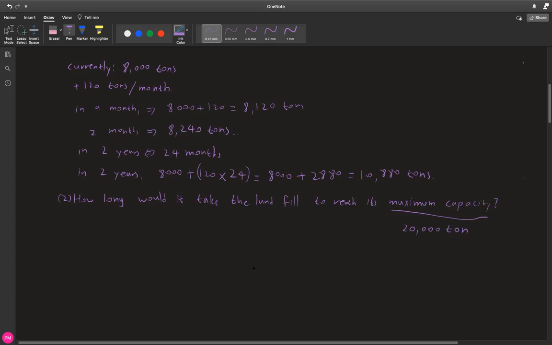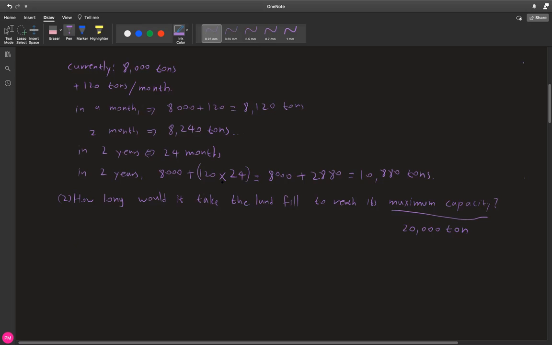So how would you go about solving this? Instead of multiplying by a certain number of months, we now have the maximum capacity. We already have the number, and we're trying to find how many months it will take to get there.